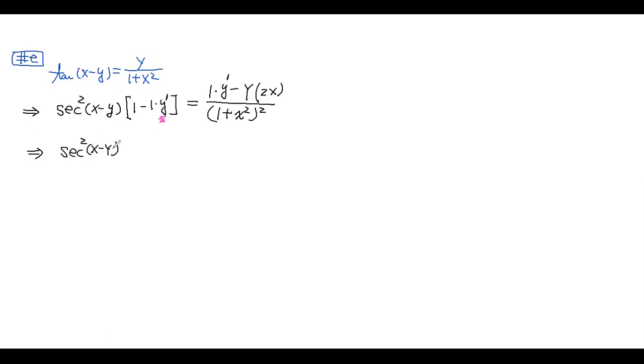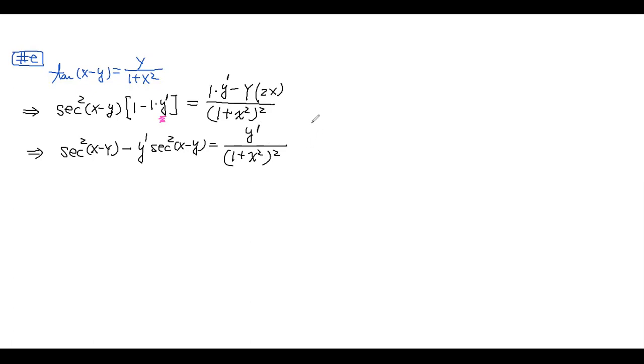So this is secant squared x minus y, times 1 minus y prime. And then this is what? This is (1 plus x squared) squared, and this is y prime, right?